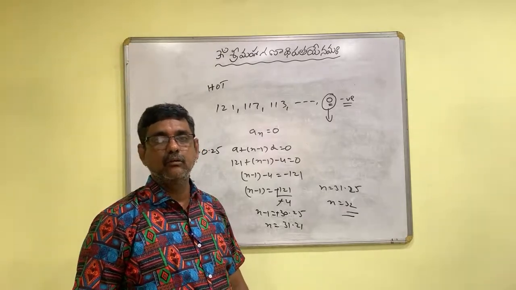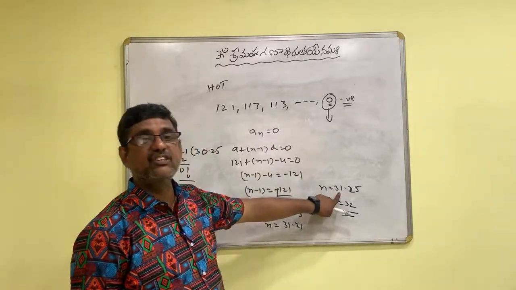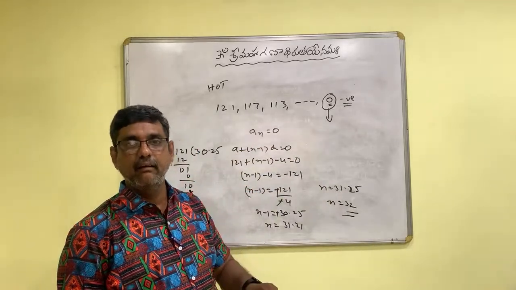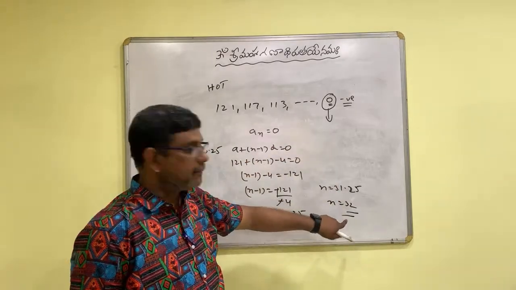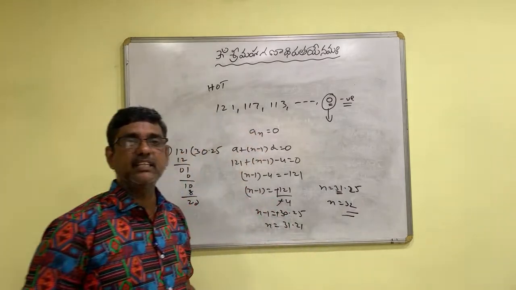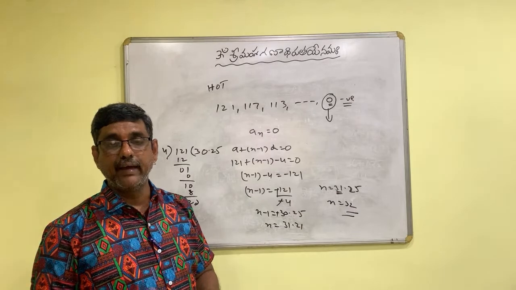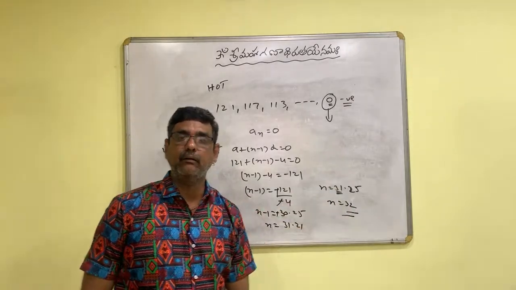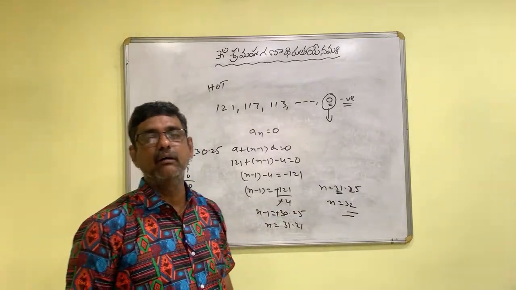But here we observe that 0 is not a term of this AP. But even then, the 31st term is very much near to 0. That means the 32nd term is the first negative term. That is what you have to understand.